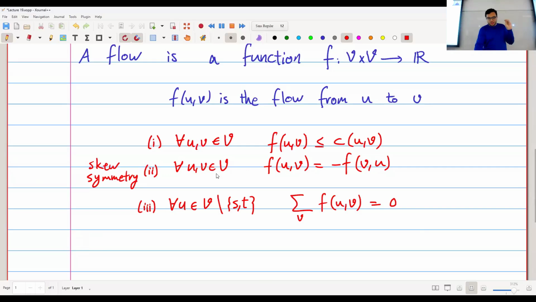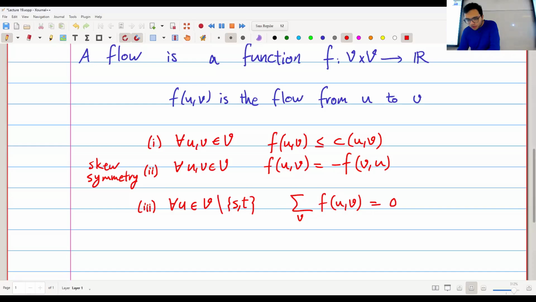But because of the previous condition, if I have a flow from some other vertex to u, it's counted as a negative here. So when I take the sum of all the flows, it should be 0. This is one of the reasons why I added skew symmetry, because it makes my life easier. I can write something like this instead of having to say the sum of the flows that come in is equal to the sum of flows that go out. This sum already contains everything.